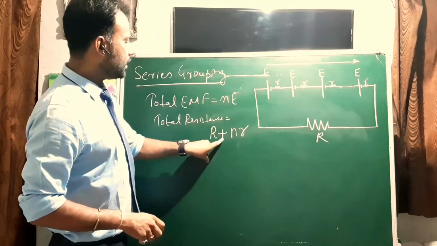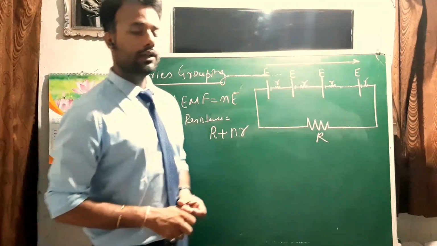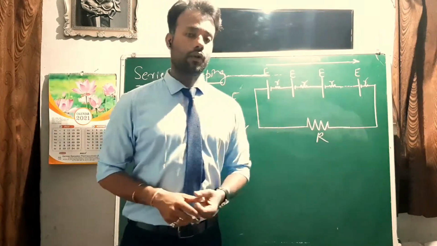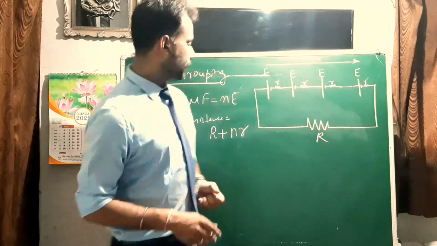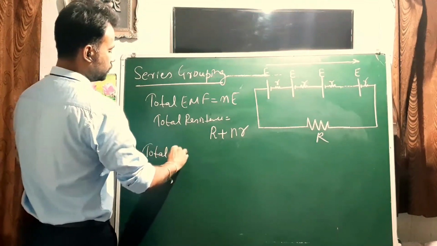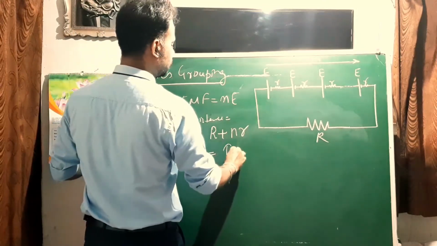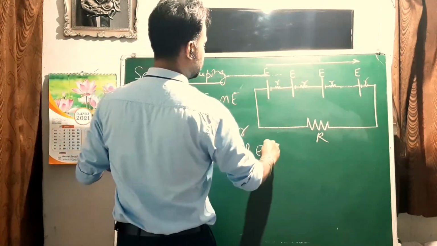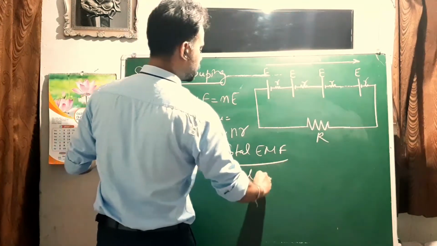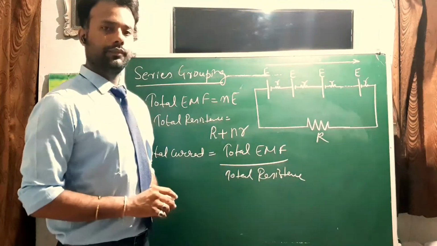All right, so now we have total EMF and total resistance also. Now what can we find? We can find the total current drawn from this system. So we know that total current is nothing but total EMF upon total resistance, right?